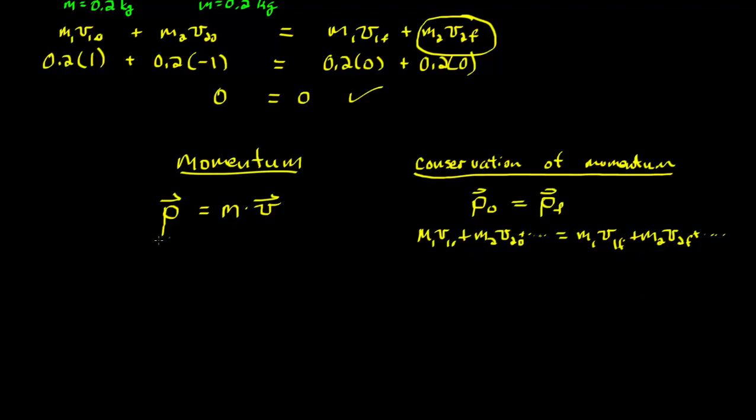Okay, so when we talk about momentum, it's a quantity that deals with the mass of the object and how fast it's moving. So objects that aren't moving don't have any momentum. Objects that are going really, really fast have lots of momentum. And heavy objects that go slow have lots of momentum. And then you kind of have a combination of them.